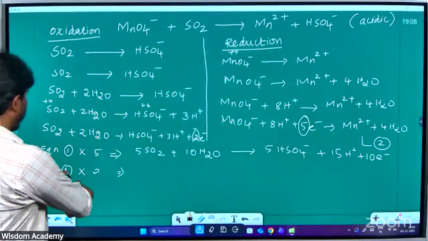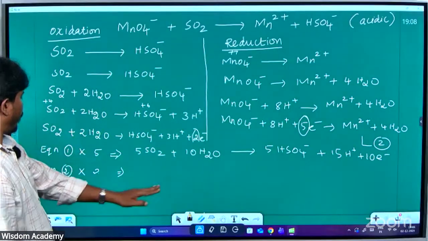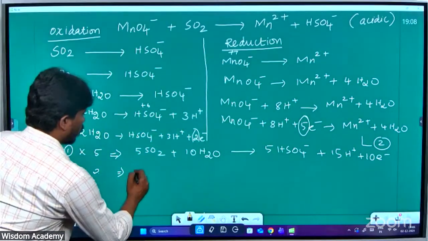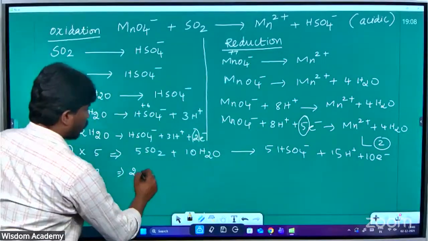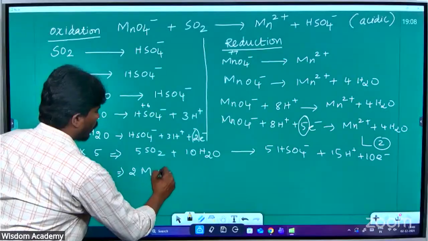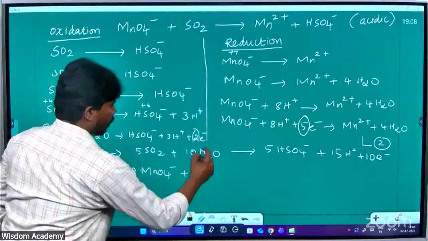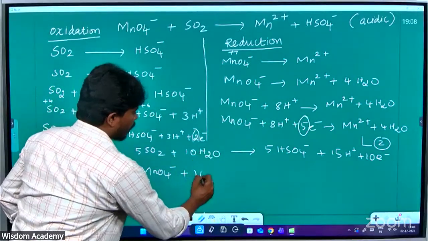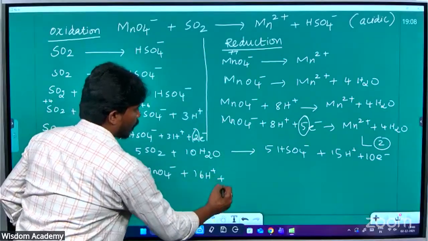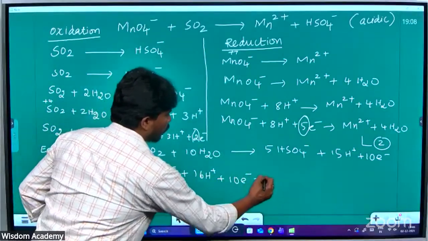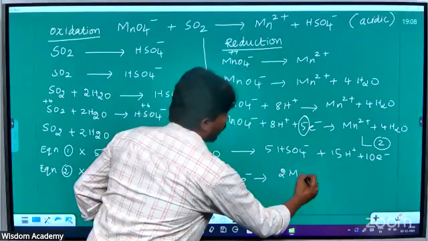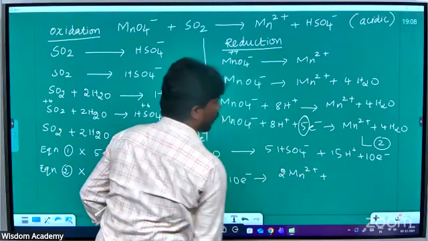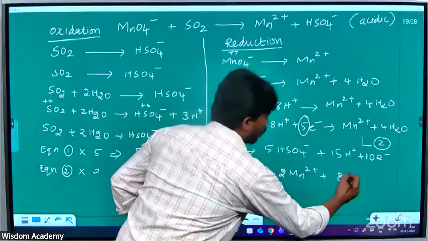So another equation, equation 2 multiplied by 2. Equation 2: 2MnO4 minus plus 16H plus plus 10 electron gives 2Mn2 plus plus 8H2O.